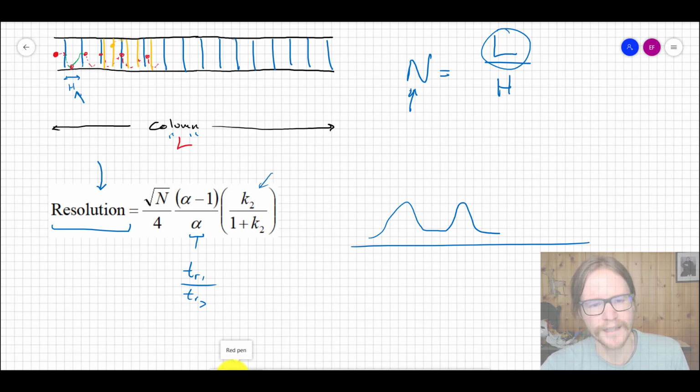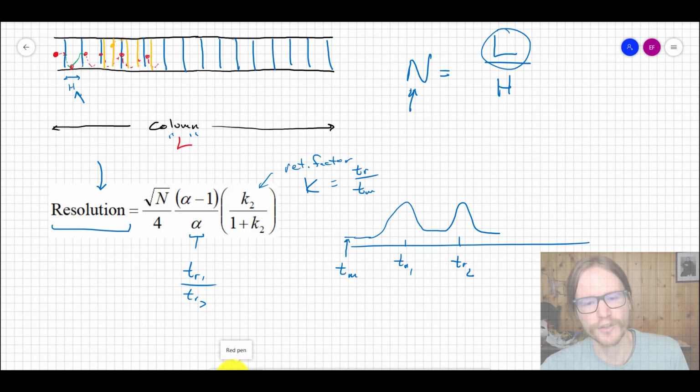And then k is that retention factor, which I mentioned in the first video, k, which is the relationship between t_R over t_M, t_M being your mobile phase, so that time when your mobile phase first comes off, versus t_R1 and t_R2 here. And k2 specifically is for the slower of the peaks, the one that takes longer to come off. So when k2 is computed, it's being computed for the second peak of the two that you're comparing.